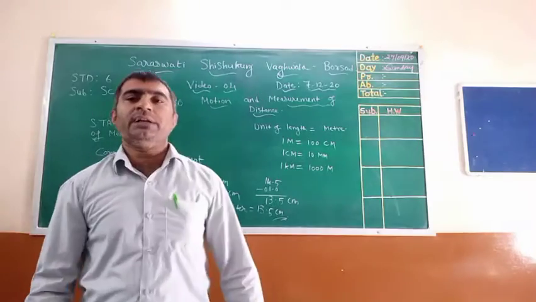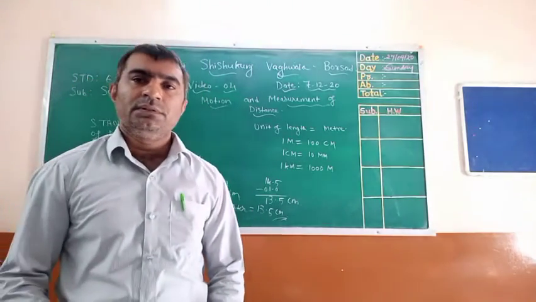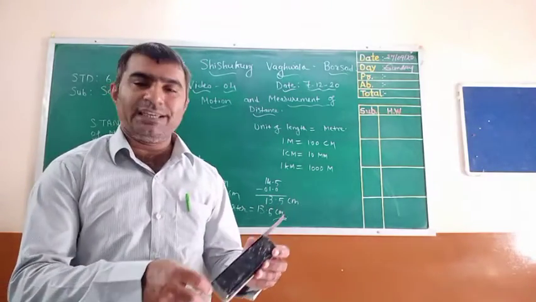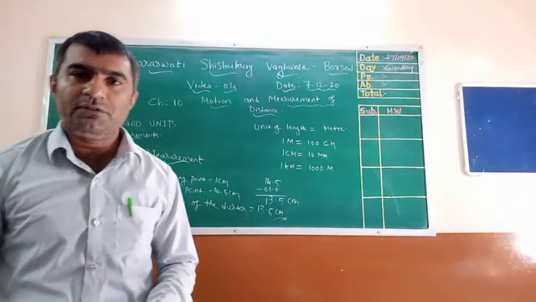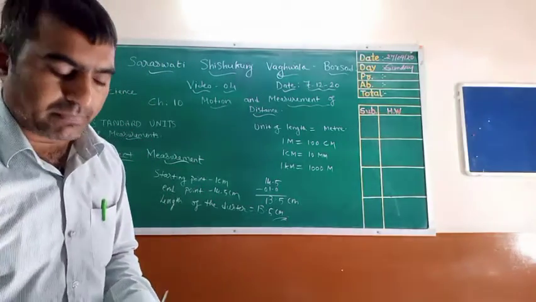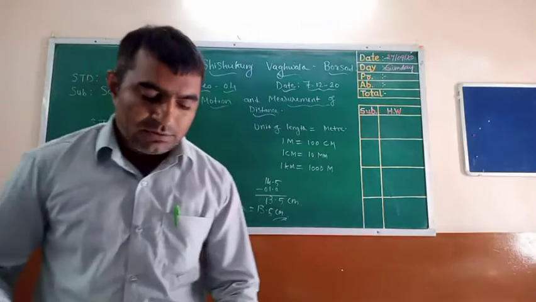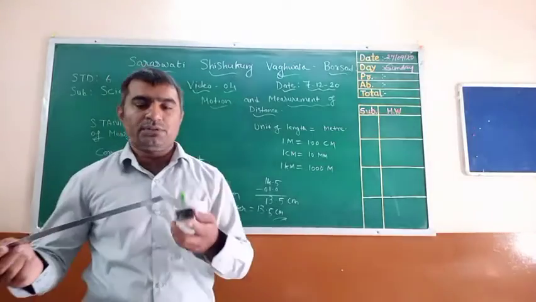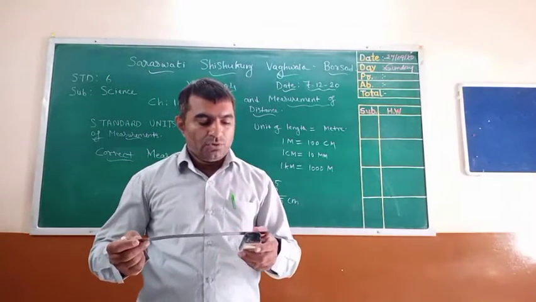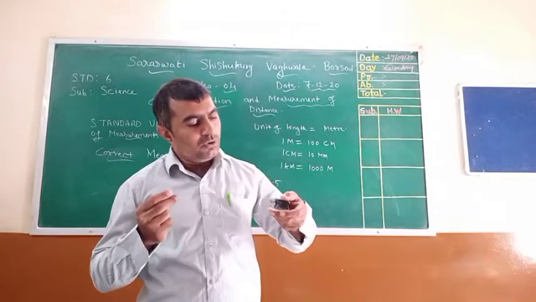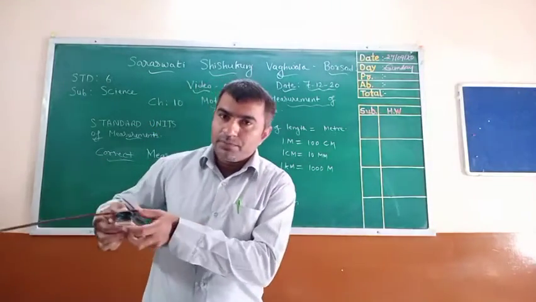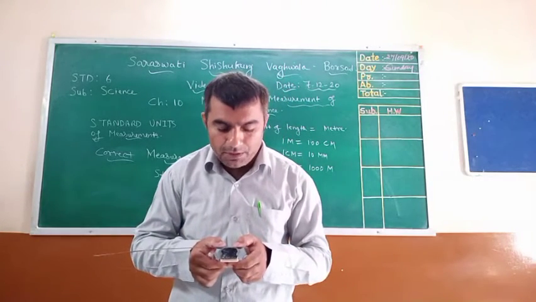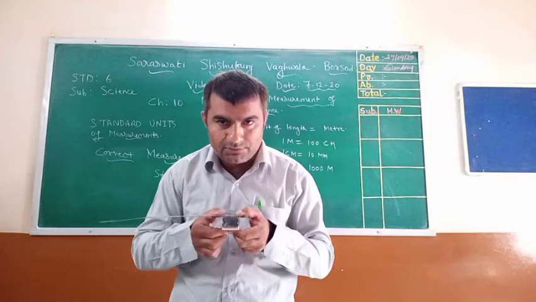From this we come to know that we have to subtract the broken part from the end part where the scale reaches. We have to subtract that if we want to take the correct measurement. Now, if you want to measure small things, for example this duster, we will not look from this side or that side.